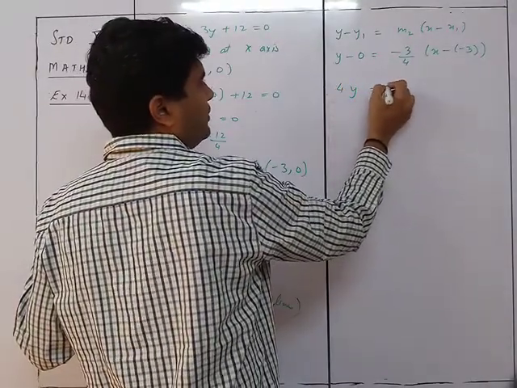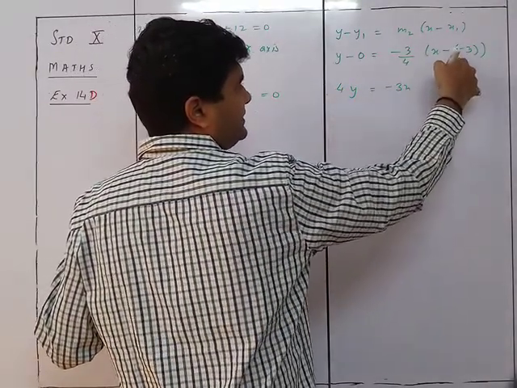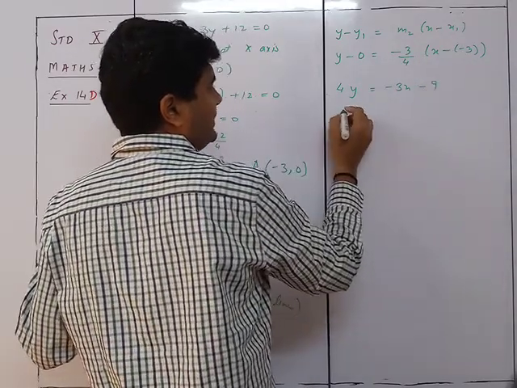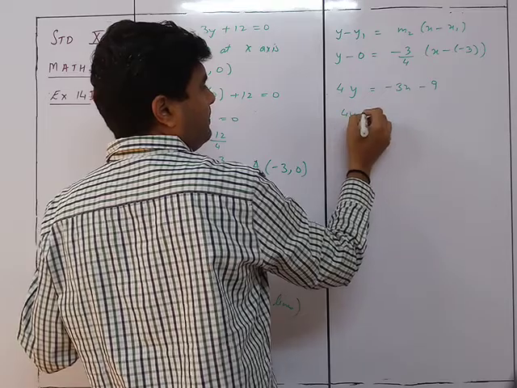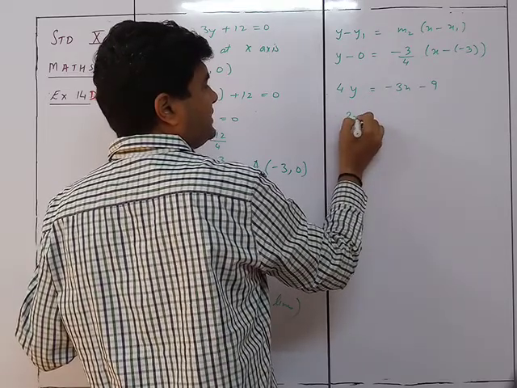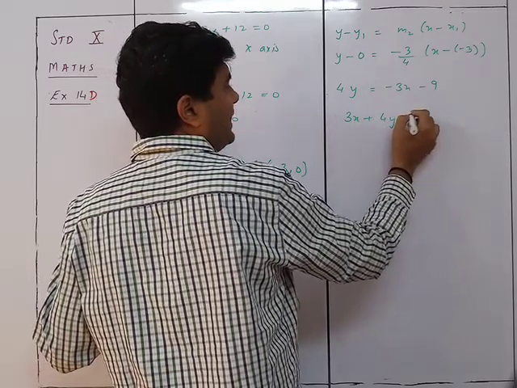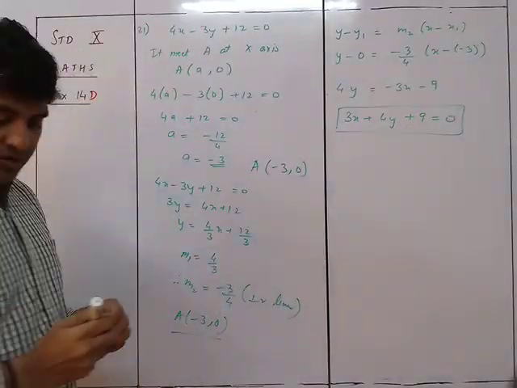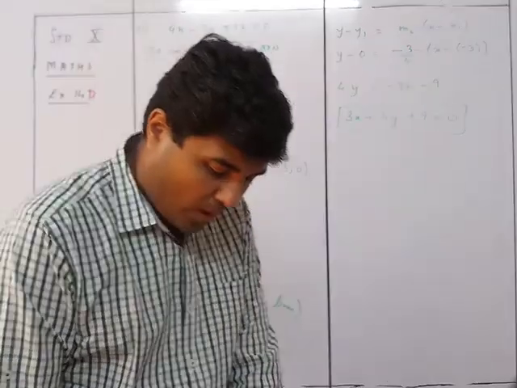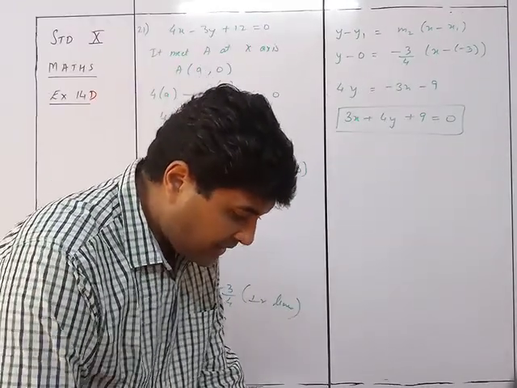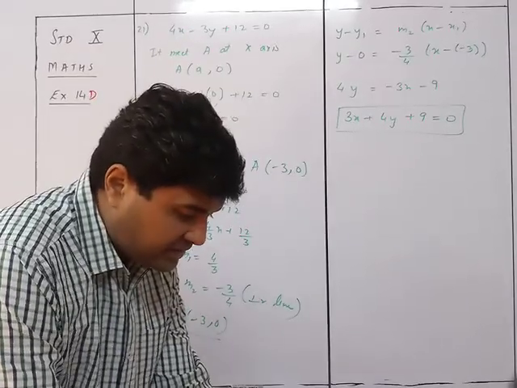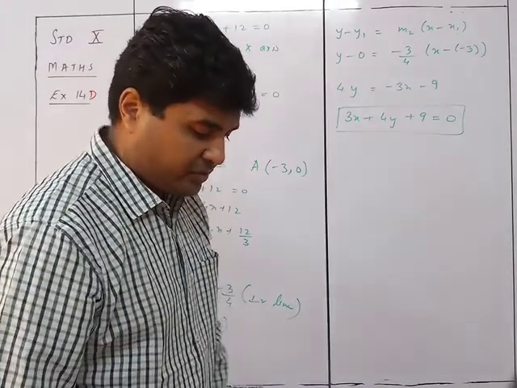So 4y is equal to minus 3x, this is plus 3 into minus 3 will be minus 9. So that's 4y, or we can say 3x plus 4y plus 9 is equal to 0. That's the required equation of sum number 21.